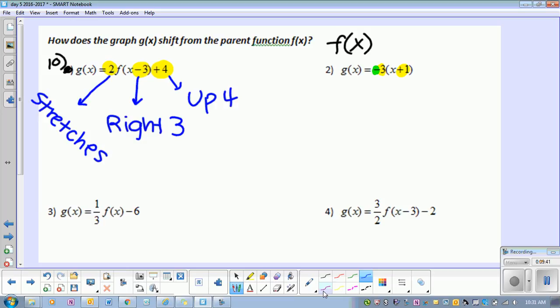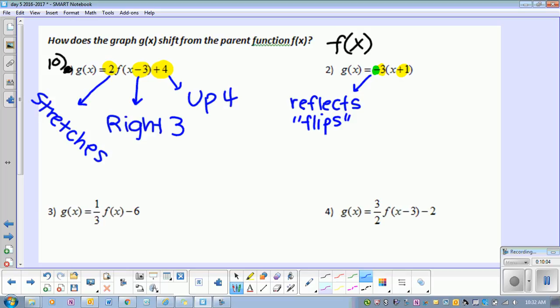So tell me, what does this negative do? Good. It reflects or it flips. And, you know, on the SOLs, they'll use reflects. If you guys write flip, that's okay. I'm not going to mark it wrong, okay?